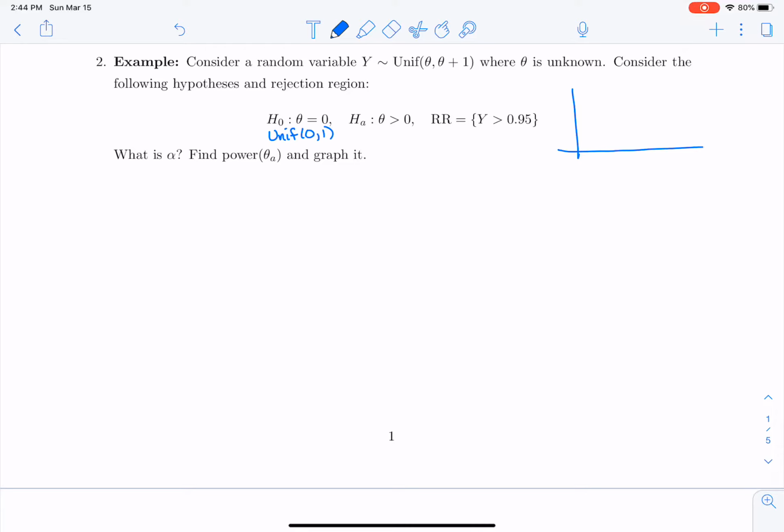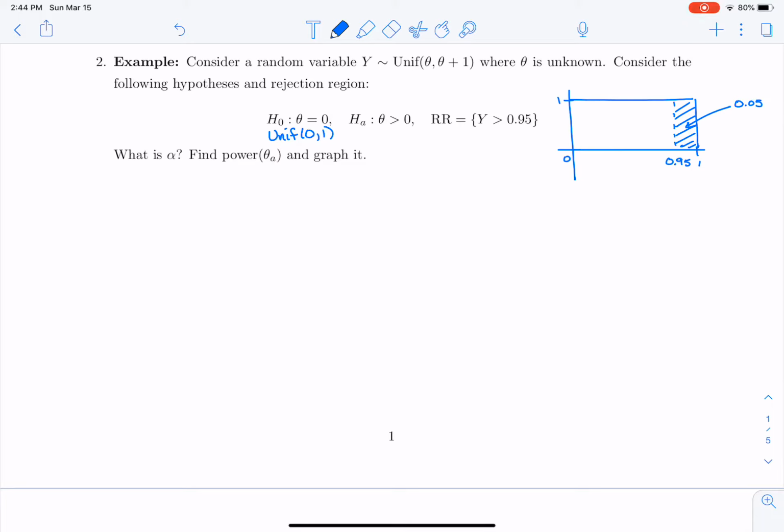So what we're saying is that if the null hypothesis is true, then we have the probability density function of 1 between 0 and 1. And we're going to make our rejection region 0.95 so that the area above it is 0.05.